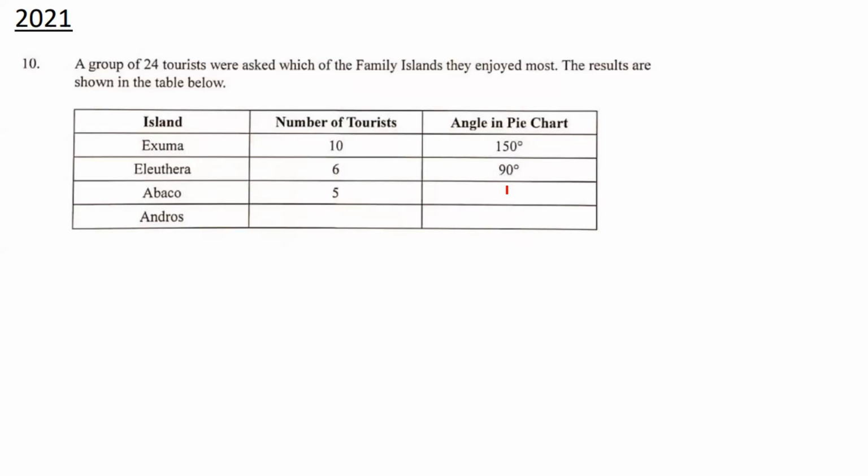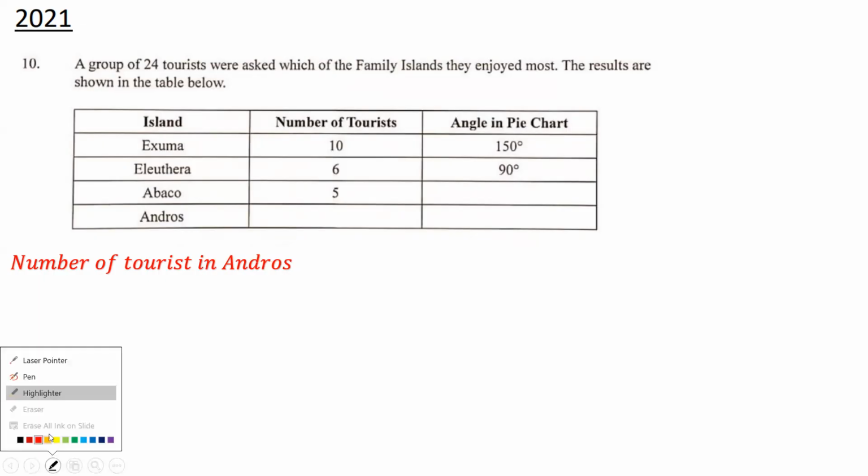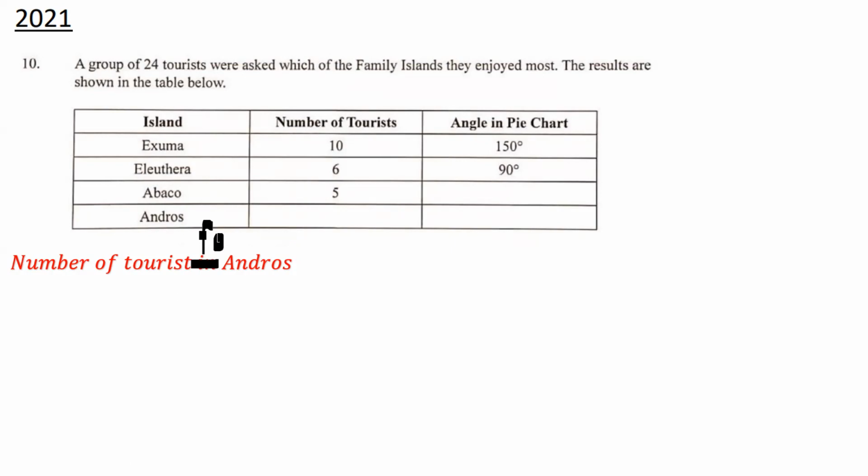The first thing we need to do is figure out the number of tourists that enjoyed Andros. So the number of tourists for Andros is definitely going to be 24 minus the sum of 10, 6, and 5.